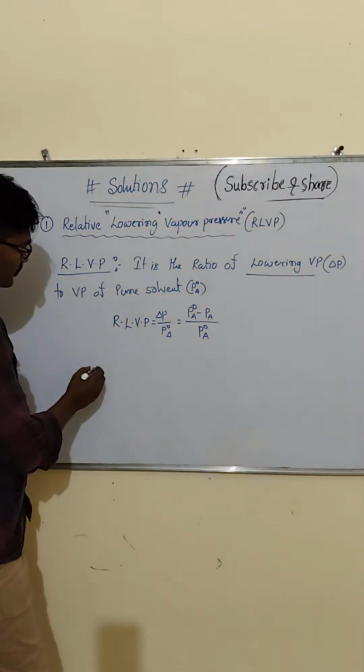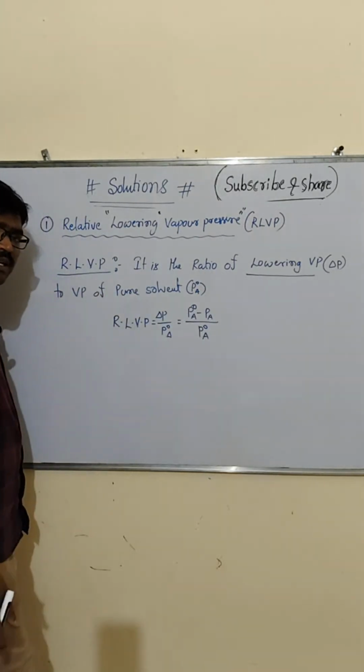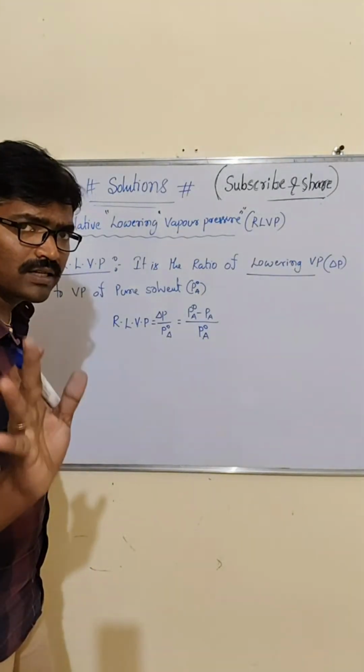Now, relative lowering of vapor pressure is one of the colligative properties. Colligative properties depend upon the number of solute particles, right?